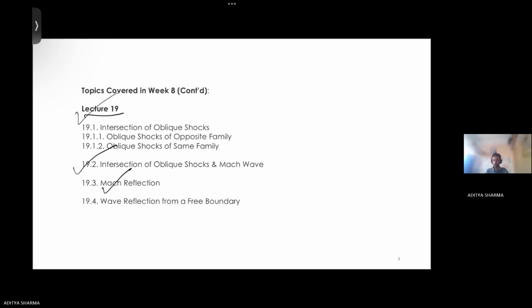Then the last topic was wave reflection from a free boundary. One example of free boundary interaction of either a shock wave or expansion wave is nozzles. Nozzle in the over-expanded case, where the exit pressure is less than the ambient pressure.